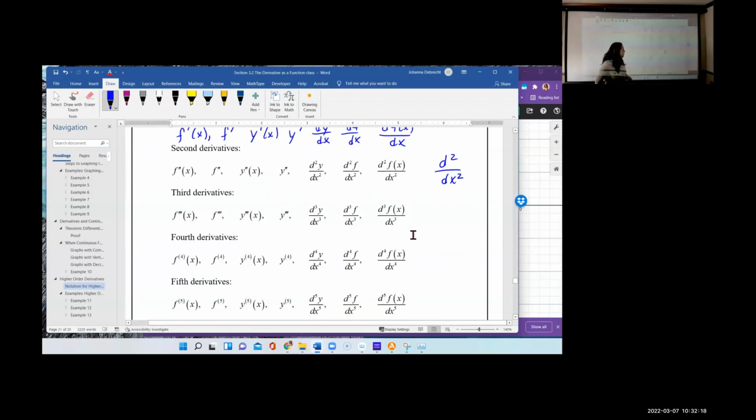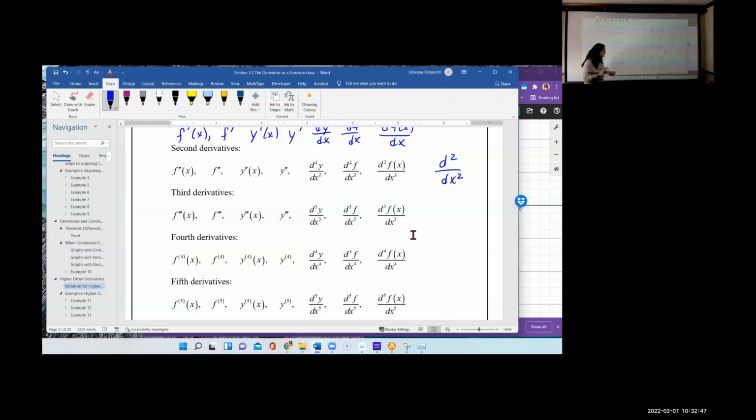Now, when you get into the third derivative, we have 3 prime marks, which indicate the third derivative. And we use a 3 in Leibniz's notation. All right. When we get to 4, we give up on the tick marks because it's just too many tick marks to keep track of. And instead, we put the 4 in parentheses. And this represents the fourth derivative, all right?